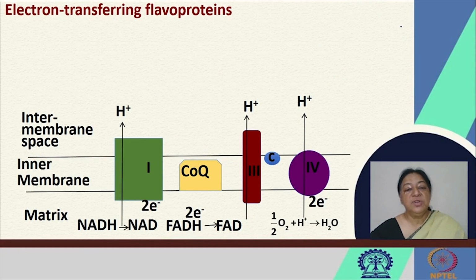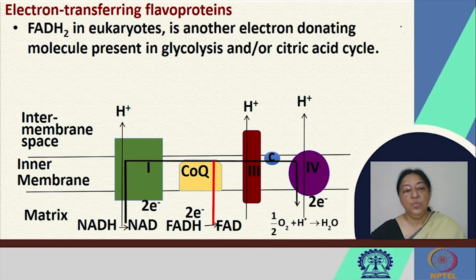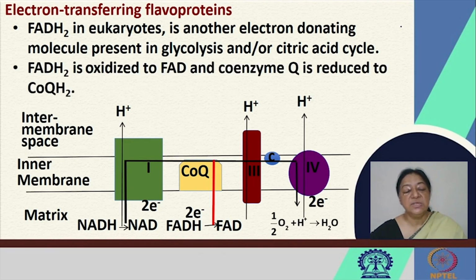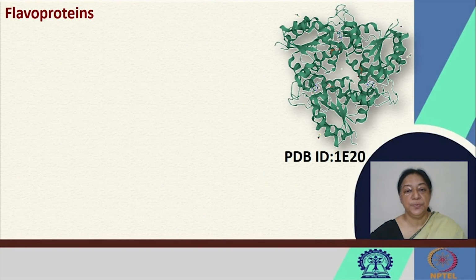So in the electron transferring flavoproteins that we see in this whole process that we looked at, we have the different complexes 1, 2, 3, and 4. And we look at FADH2, that in eukaryotes is another electron donating molecule that is present in the glycolysis and of the citric acid cycle. It is oxidized to FAD and coenzyme Q in the process is reduced to CoQH2.